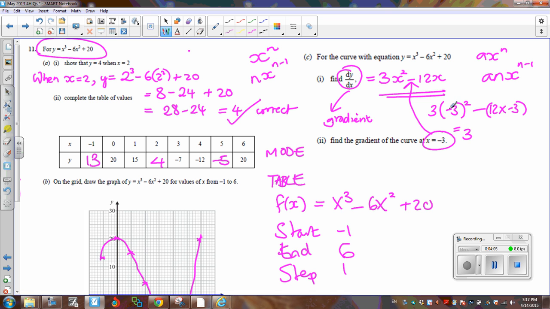So I'm going to square -3. Well, I know that's going to be 9, because if you square a negative number, you get a positive number. And then -12 times -3 is plus 3 times 12, which is 36. So this comes out as 3 times 9, so that's 27, plus 36. And if we add those together, we get 63. So when x is -3, the gradient of the curve is 63.